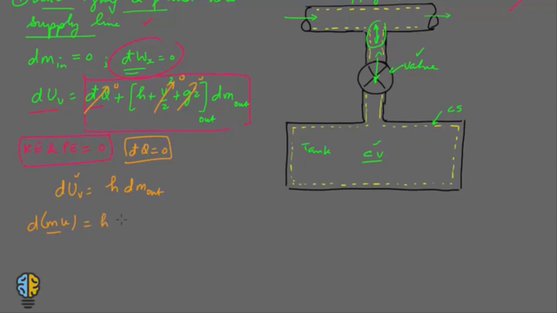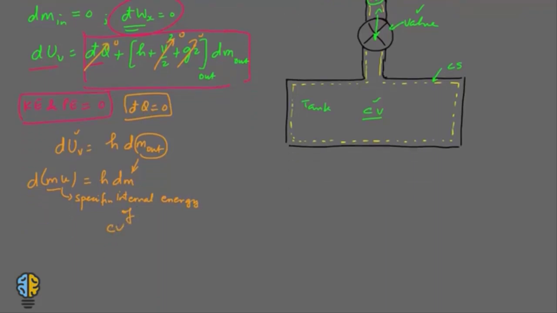Okay, and let us say this is h into dm. Let me just write m out as m. So this is what you get, and u is the specific internal energy of the control volume.